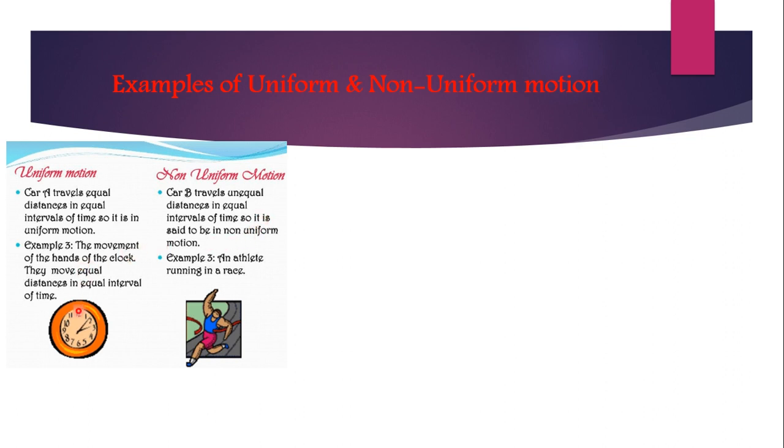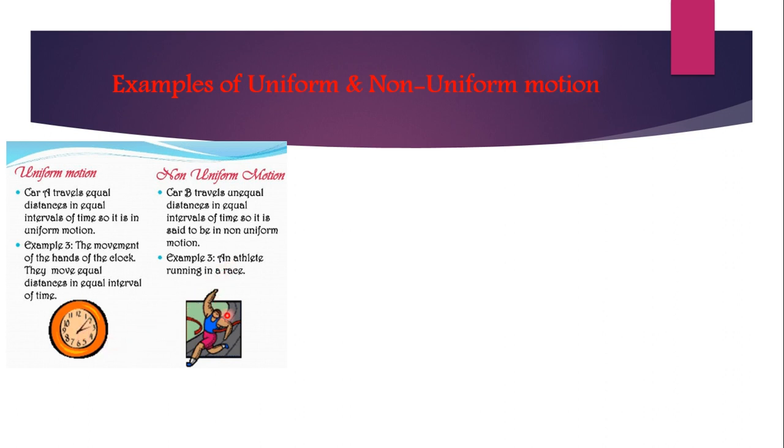Here we have one more example, the movement of the hands of a clock. When we observe the hands of a clock, either the minute hand or hour hand, it covers equal distance always in equal intervals of time. That is why the movement of the hands of a clock is always an example of uniform motion.